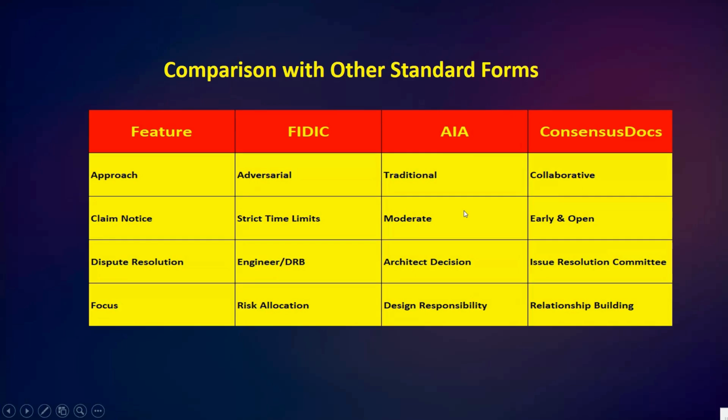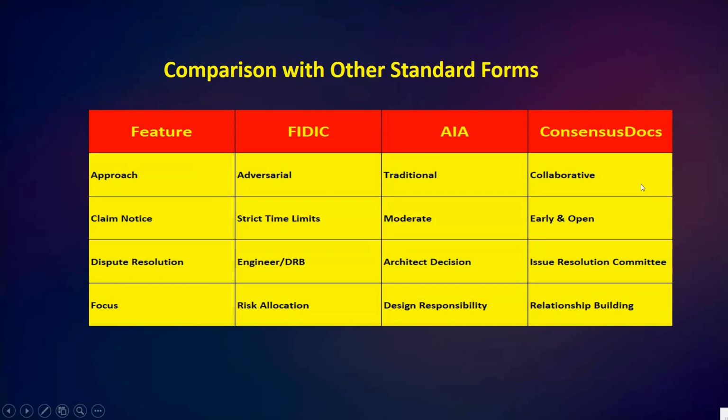FIDIC follows a more adversarial or formal approach, emphasizing strict time limits and procedural compliance. Second, AIA is the traditional, focusing on design responsibility and owner control with moderate claim procedures.